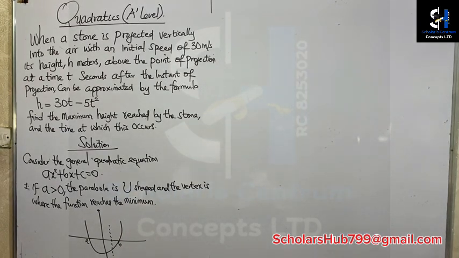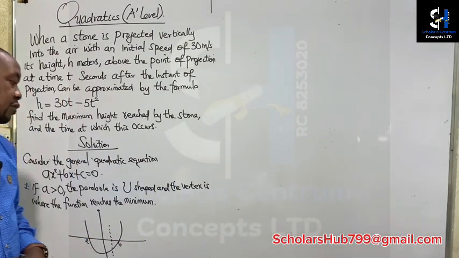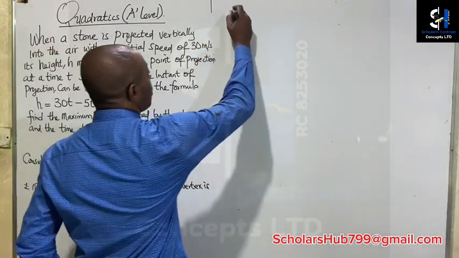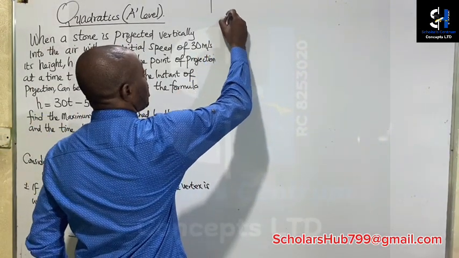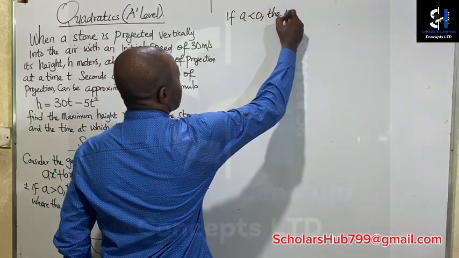So if a is greater than 0, the parabola is U-shaped and the vertex is where the function reaches the minimum value.